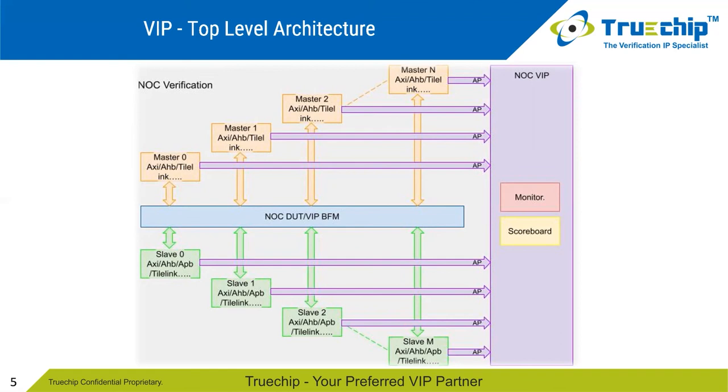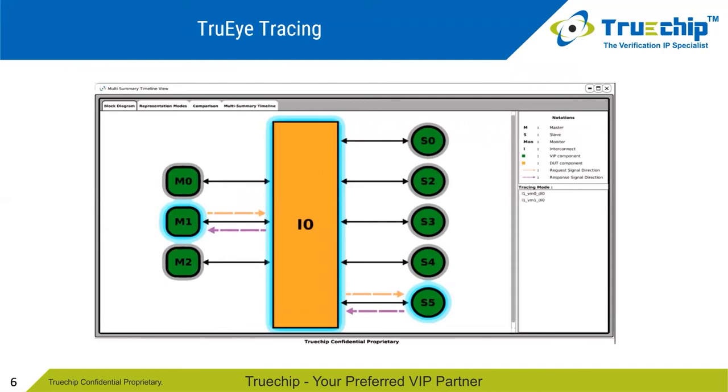As we already discussed, TrueI has multiple features like debugging, analyzing, tracing, integration, and regression analysis, in which tracing is a very useful feature where you can find the transaction's origination, destination, and full transaction path across the NoC.